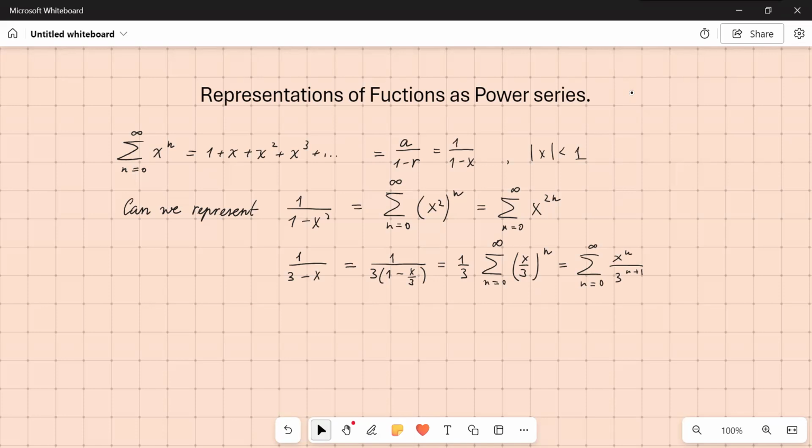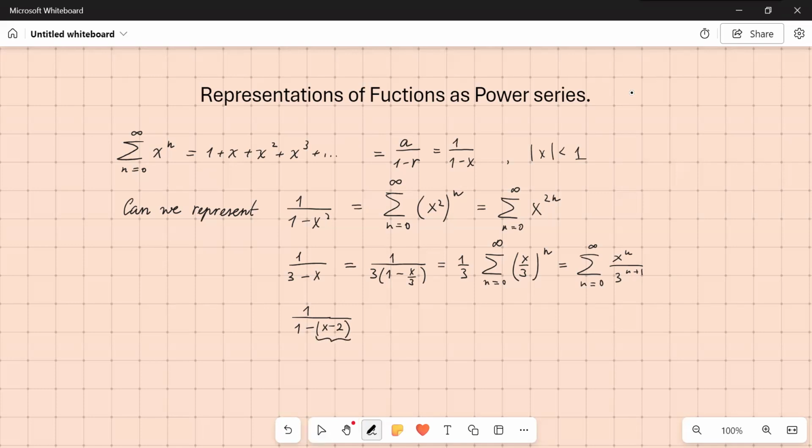Way number two, guys, here is going to imagine that this is a series with center not at 0. For example, I represent it as 1 over 1 minus (x minus 2). Can I do this? Well, if I simplify it, it's going to be 1 minus x minus 2, and this minus becomes plus, and that's going to be 3.